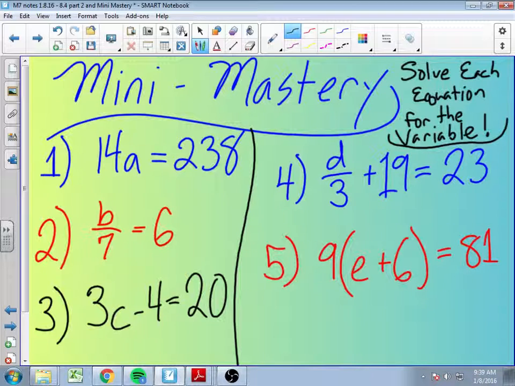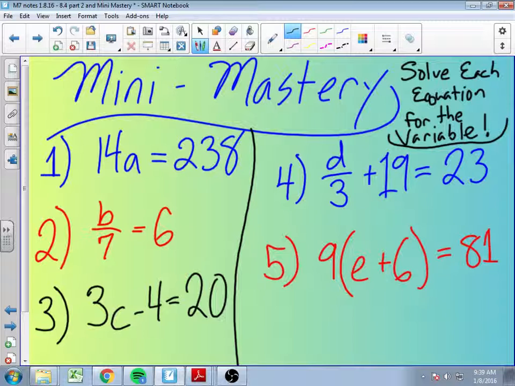We only distribute when there's parentheses, and there are no parentheses. What if you had 1 over 2, or 2 over 3? What operation is a fraction? This bar, when something's over something, it's a division problem. So when we read this, it's really read B divided by 7.